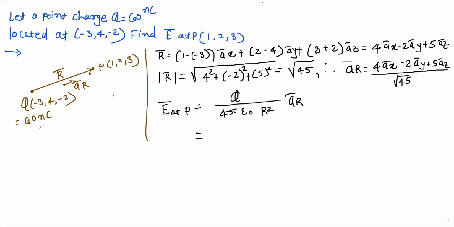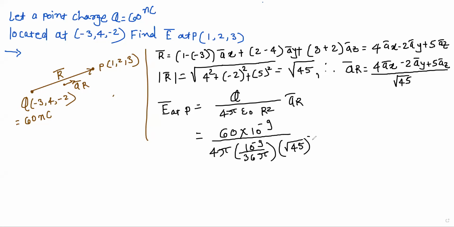Q, the value of Q, is 60 nanocoulomb, which means 60 into 10 raised to minus 9. Then we have 4 pi divided by 4 pi epsilon naught. So 4 pi as it is, and here I will use 10 raised to minus 9 upon 36 pi as the value of permittivity, into under root 45 bracket square, right, because R is under root 45.